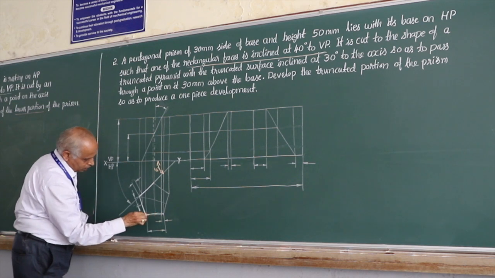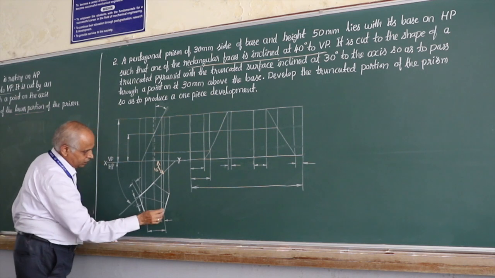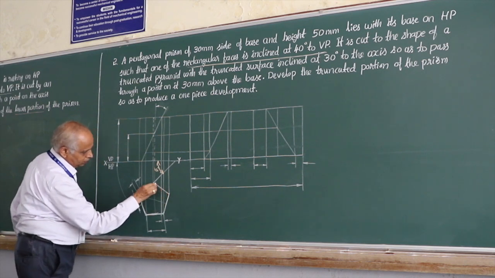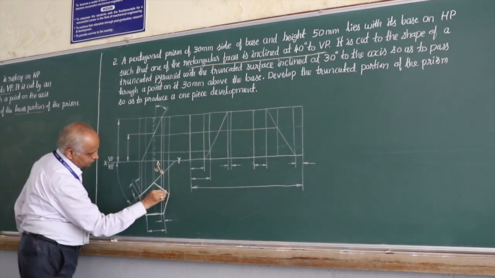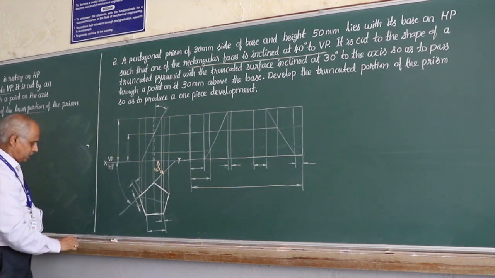I'm not making it dark in the first step. Remember, some portions could be removed, therefore don't make it continuous thick, it is continuous thin, and this is the pentagon with one of its sides at 40 degree.